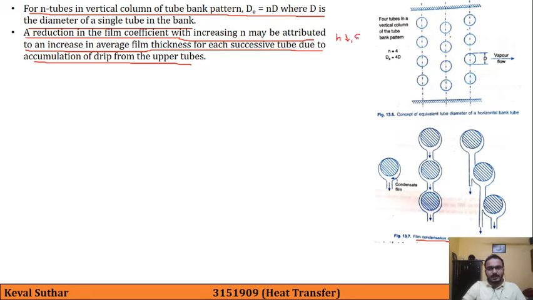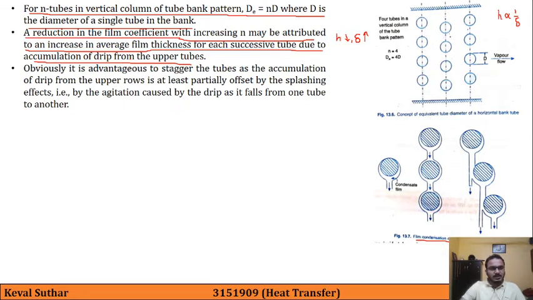Because delta increases in this case. That is an inverse relationship, because if you recall, h is inversely proportional to delta, which we have seen in our previous lecture. So as delta is increasing, h is decreasing. And here delta increases because of accumulation of drip from the upper tubes.